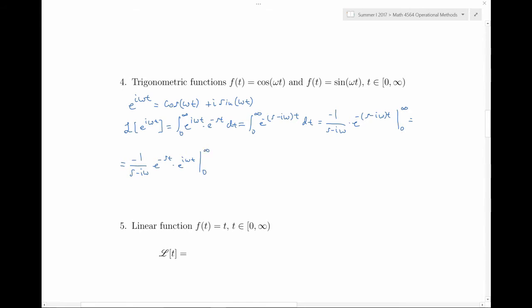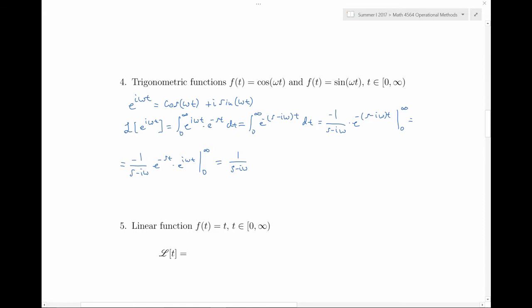When t is equal to 0, this whole thing is going to be just 1 over s minus i omega. Well, what happens when t goes to infinity? Well, the second exponential function is going to be a complex number with absolute value 1. But the first exponential function, e to the minus st, will converge to 0, again, if s is greater than 0. So this ends up being just 1 over s minus i omega.